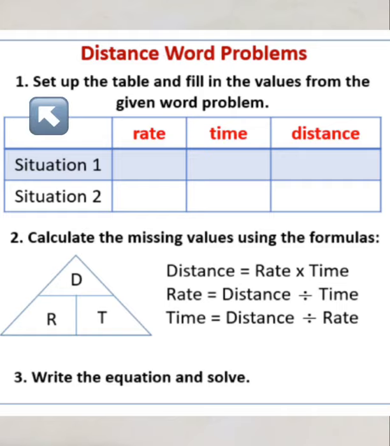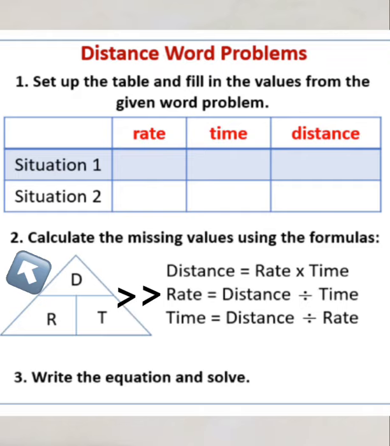Number 1, set up the table and fill in the values from the given word problem. Second, calculate the missing values using the formulas. For distance, d is equal to r times t.